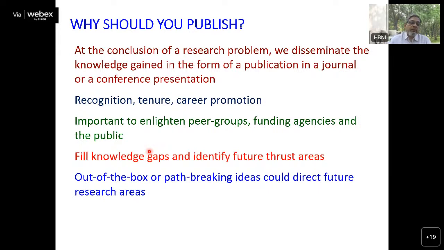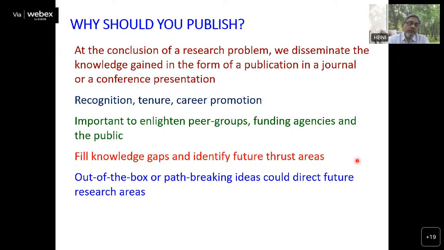Another aspect of publishing is that you can fill certain gaps in the existing knowledge with your results, and possibly identify certain future thrust areas for research.